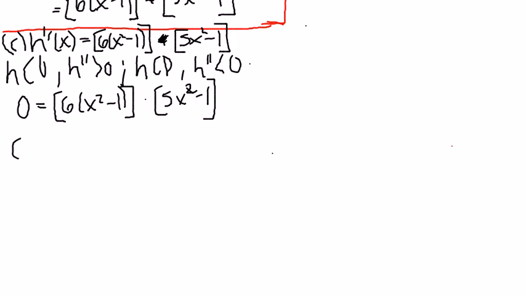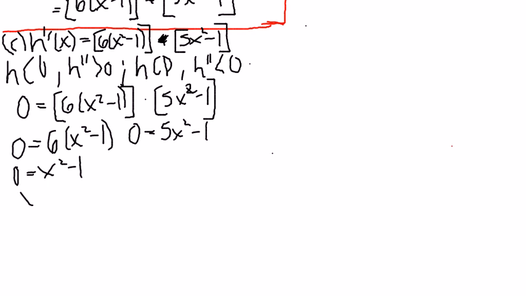Separate those. We'll solve this one first, divide both sides by 6. We have 0 equals x squared minus 1.